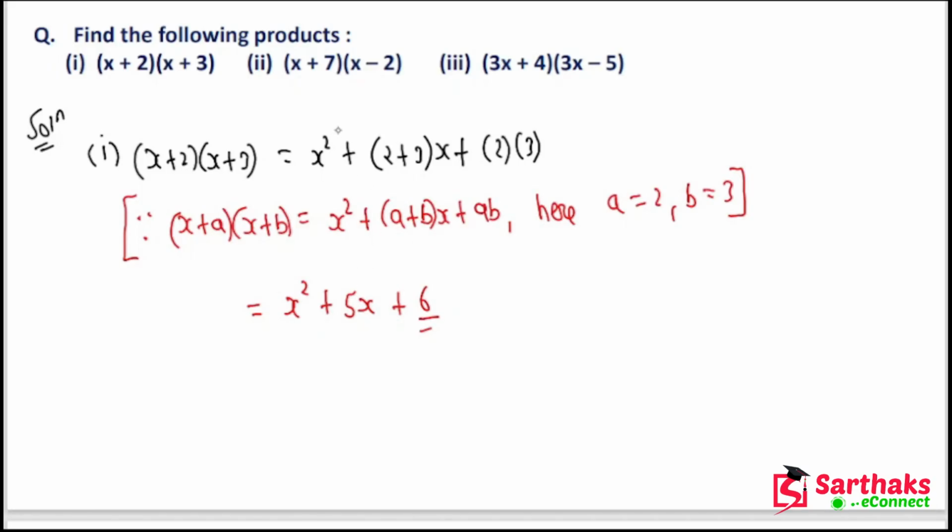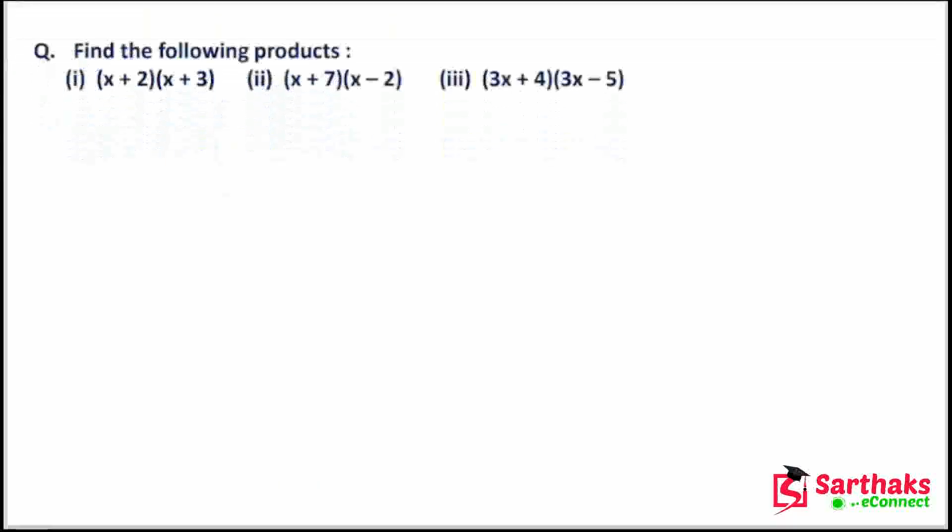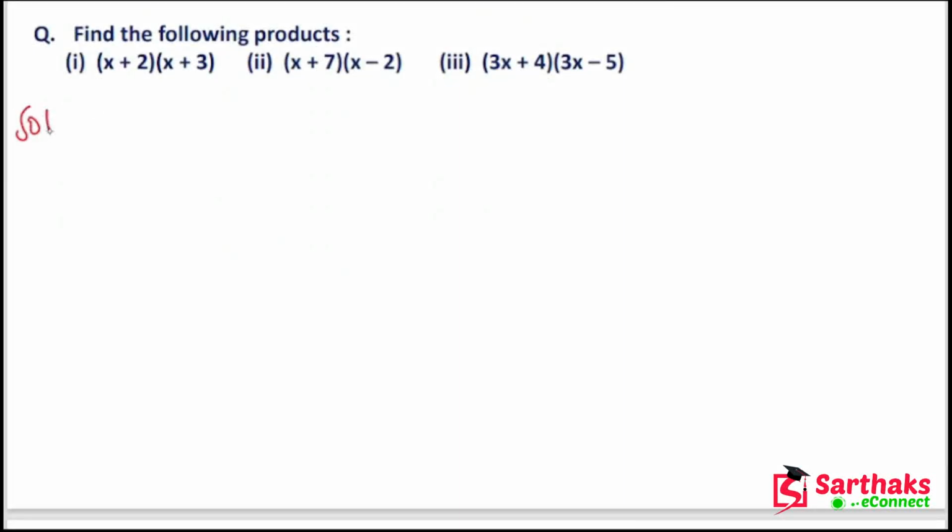Let us solve the second part, which is again based on the same identity, but here the values of a and b are different. Now x plus 7 into x minus 2. You can write it like x plus 7 into x plus of minus 2, right?